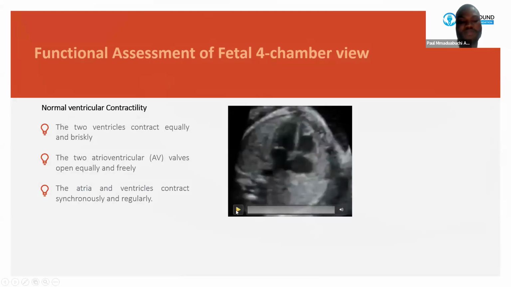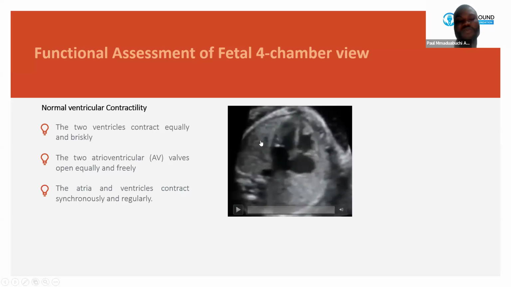If you look at this video, you will be able to check how both ventricles are contracting, how both atria are contracting, and how both valves are opening.